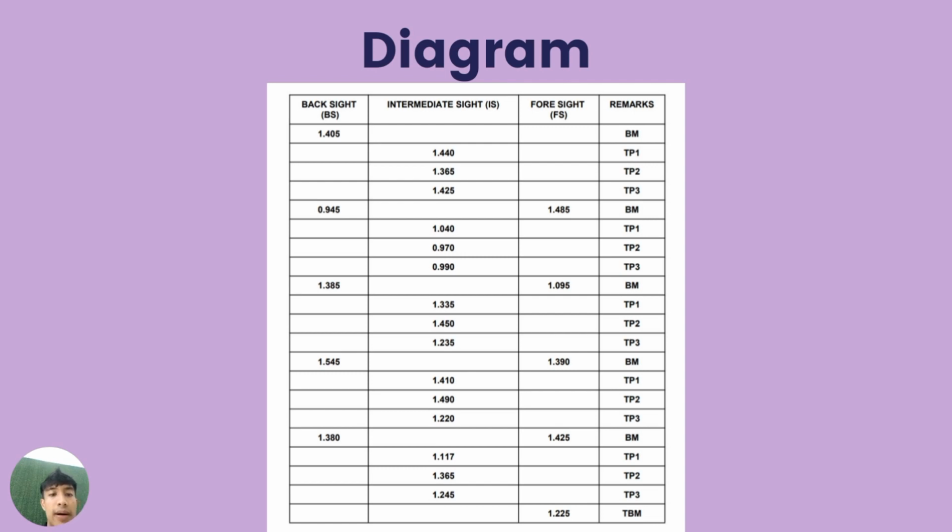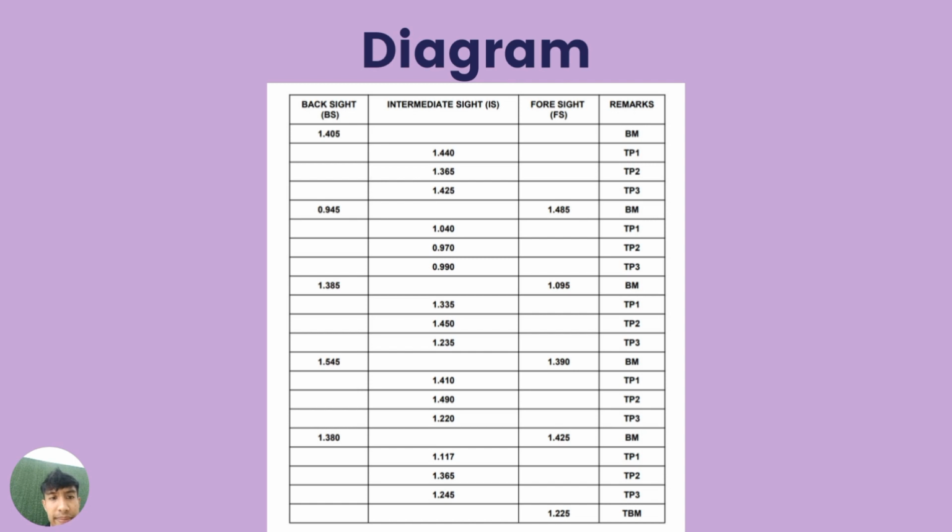Our diagram shows five readings. We did five readings. For the first backsight, we got 1.405, and we go to the intermediate sight 1.440, and we take the second IS 1.365, and the third IS is 1.425.